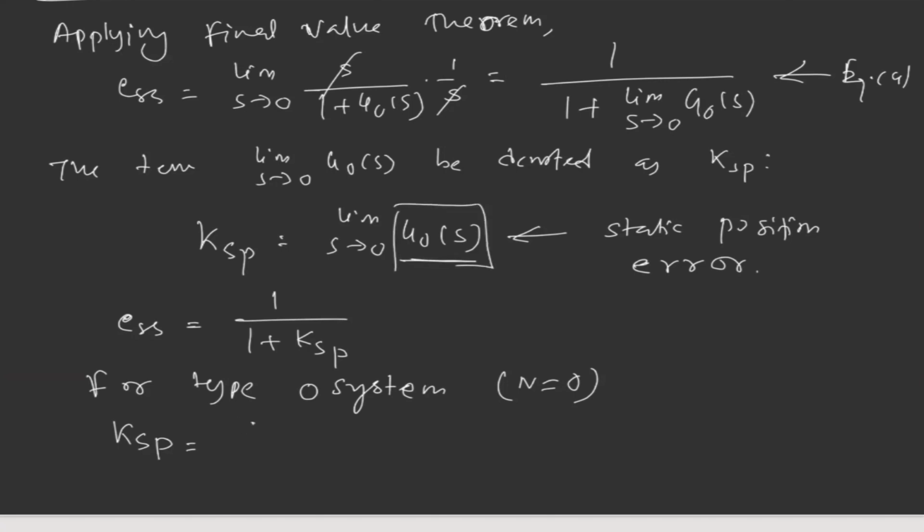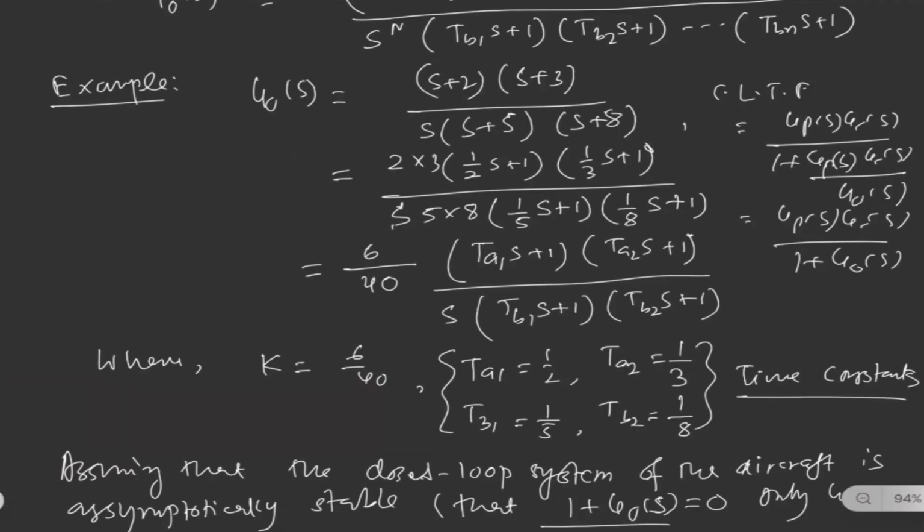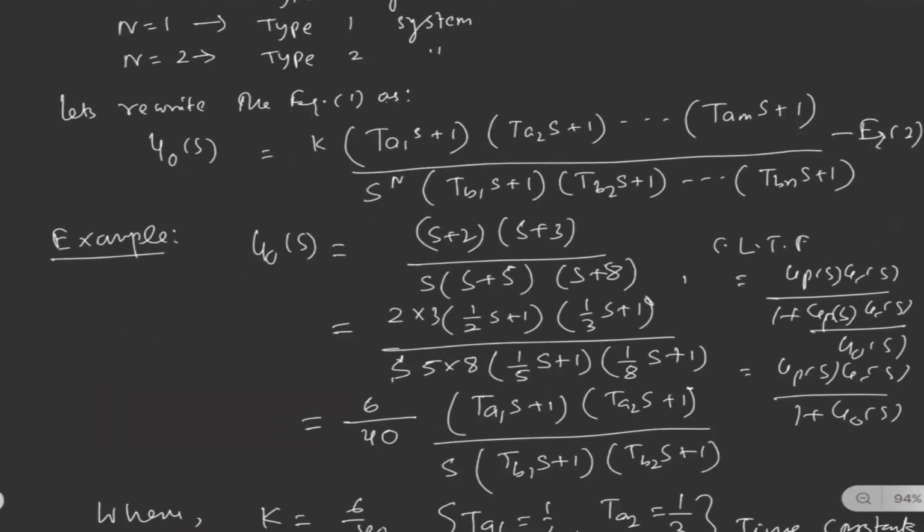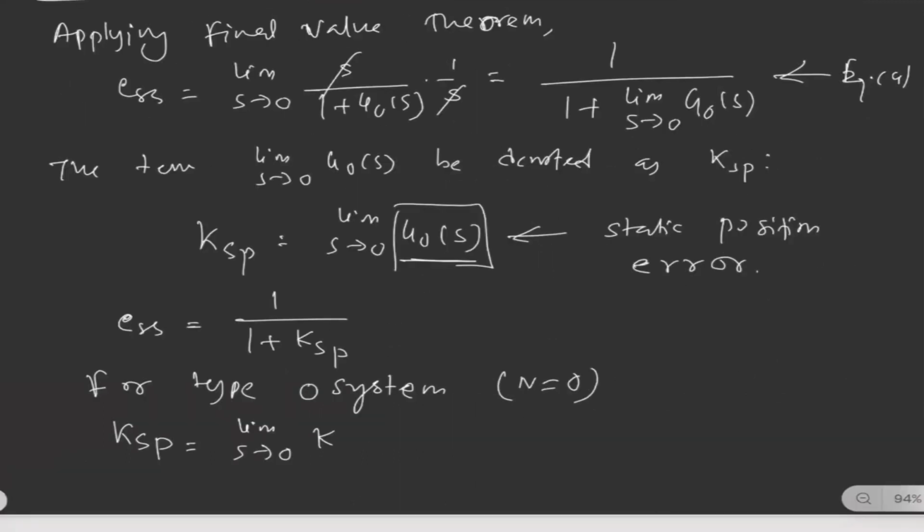So we know limit S tends to 0, K into, if it is a type 0 system, then there are no open loop poles at the origin in the system. So S to the n will be 1.